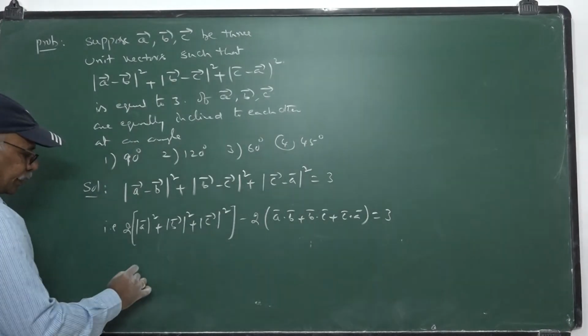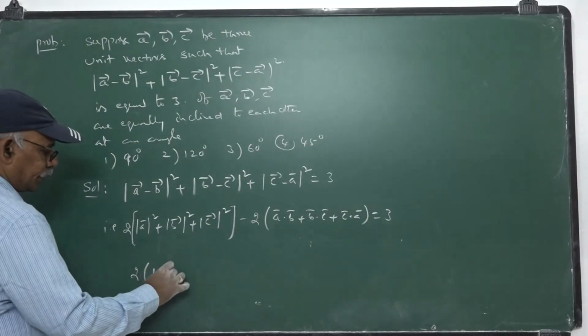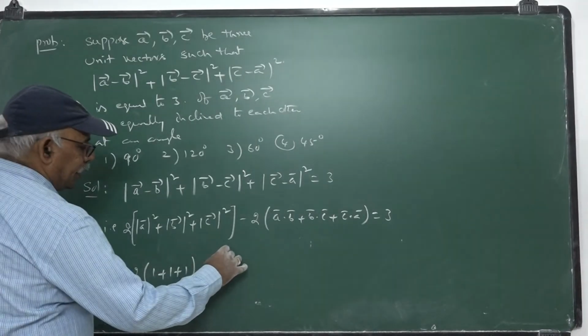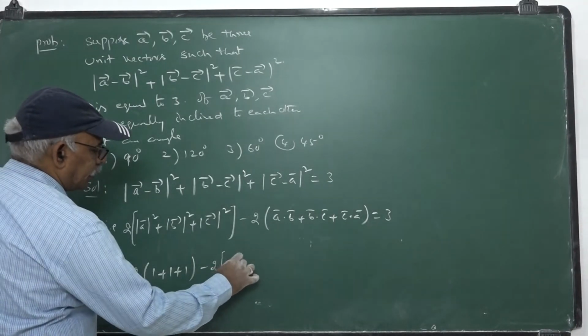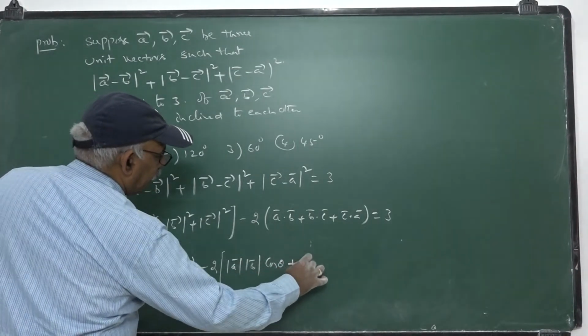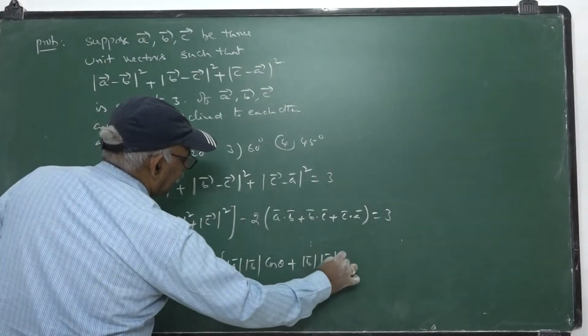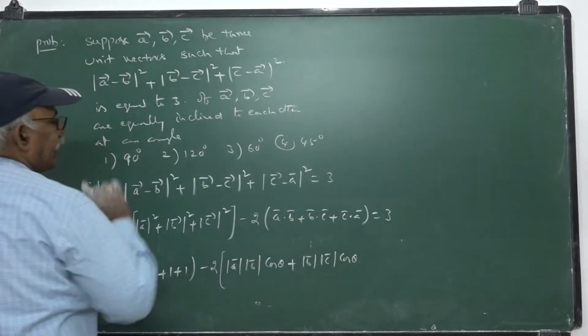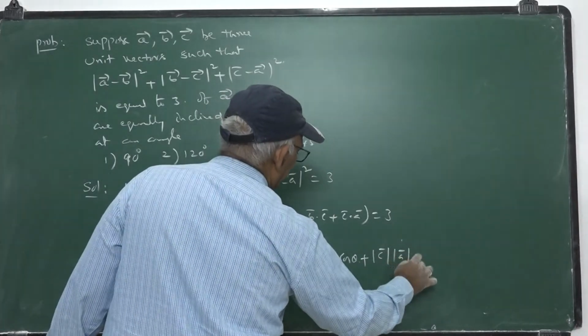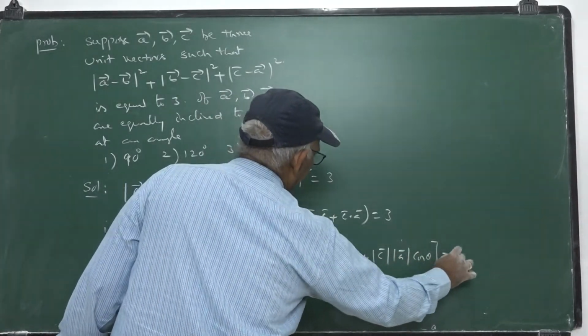Since they are unit vectors, the magnitudes are 1, 1, 1, minus 2 into mod A bar mod B bar cos theta, mod B bar mod C bar cos theta again because they are equally inclined, mod C bar mod A bar cos theta itself, equal to 3.